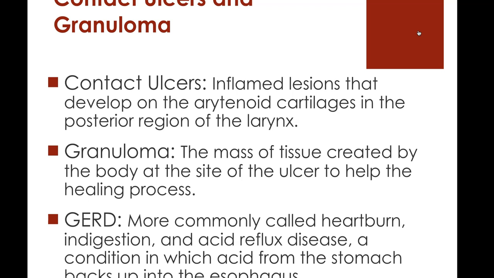So a granuloma is a hard mass of tissue that then surrounds the contact ulcer. That again makes it even harder to speak, but that's actually the body healing the ulcer. But that's a whole other problem as well.